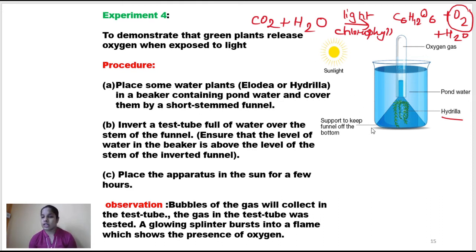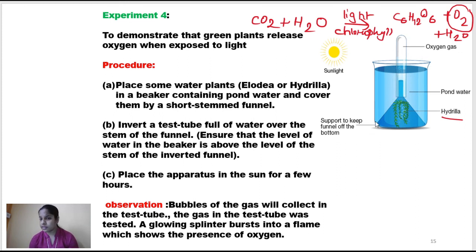So again I am repeating the setup. We have taken a beaker filled with water, and a hydrilla plant which was covered with a funnel.